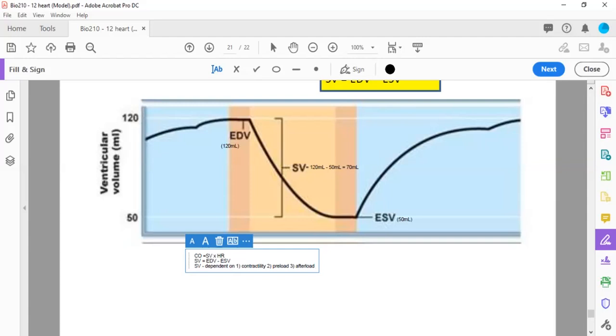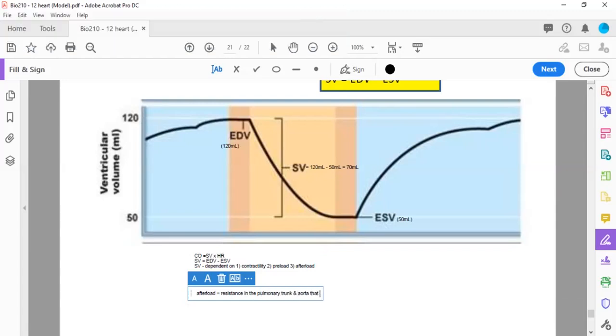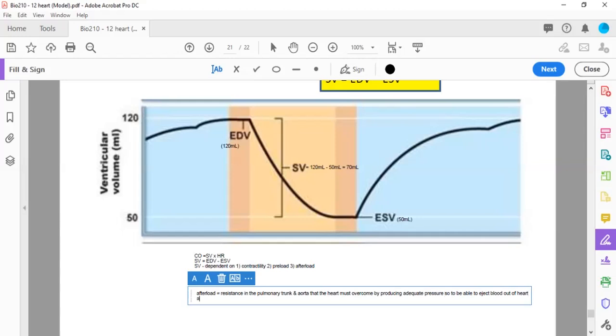So once again, afterload represents the resistance in the pulmonary trunk and the aorta that the heart must overcome by producing adequate pressure to be able to eject blood out of the heart and into the two circuits.